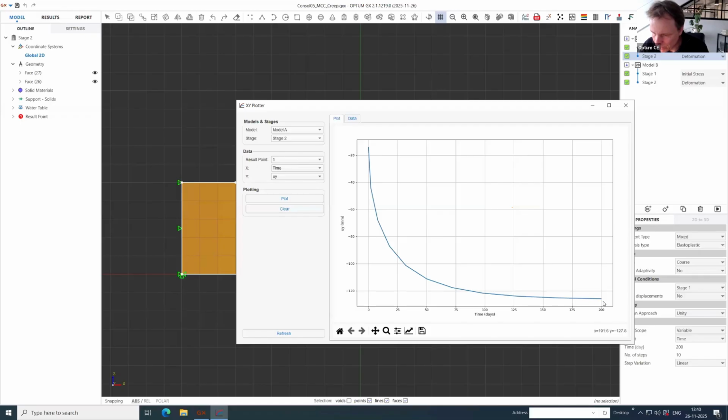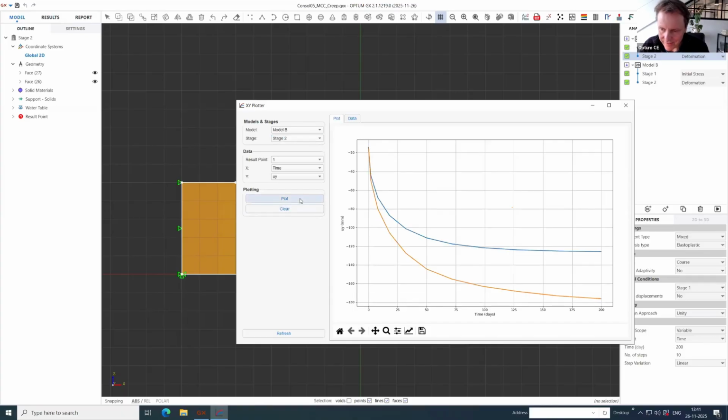And you can see it's really quite leveled out now at 200 days. And if we go to model B, the one with creep, what you see then is that things just continue. The deformations continue to grow. Slower and slower, but nevertheless, they do continue to grow. So that effect can be taken into account in that way.